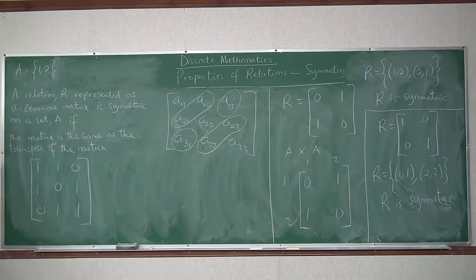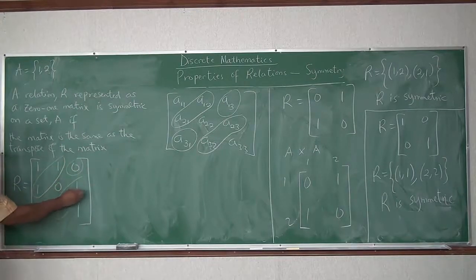Okay? If this is your arrow, for instance, you look at this here. 1 1, fine. 0 0 here, fine. 1 1, fine. That's it.